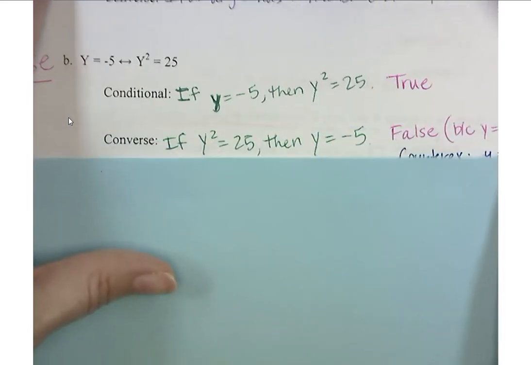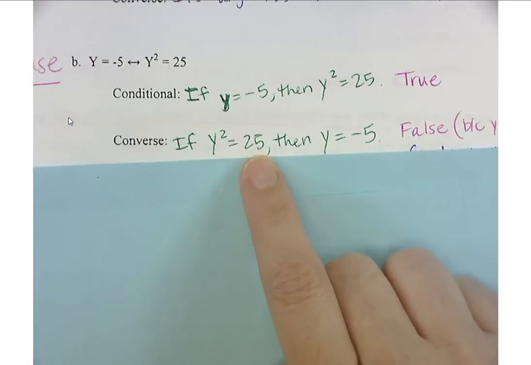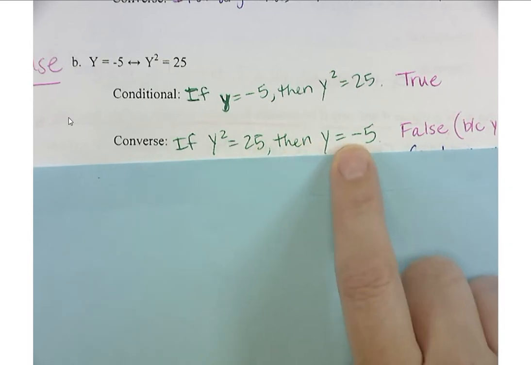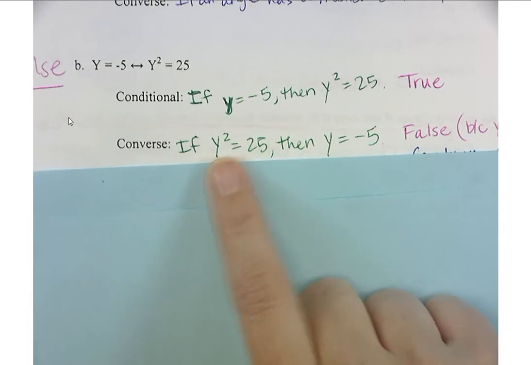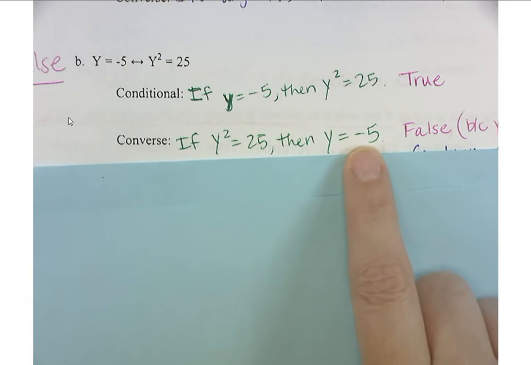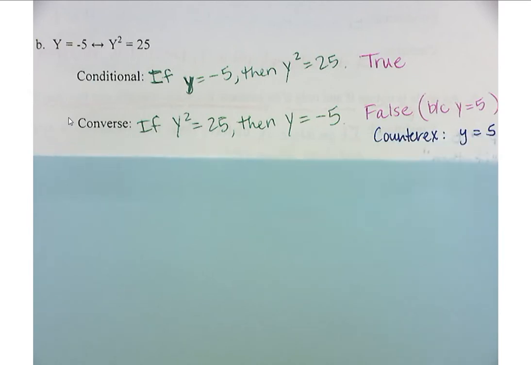Now the converse says if y squared equals 25, then y equals -5. If y squared equals 25, you need to ask yourself, is the only possible solution -5? No, what's the other one? 5. We actually talked about this yesterday.